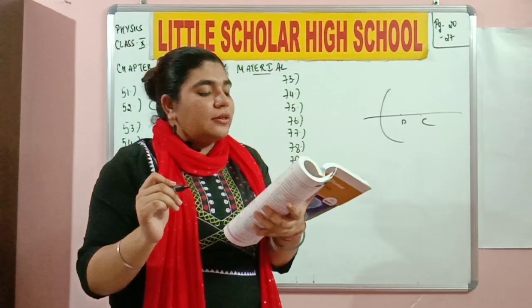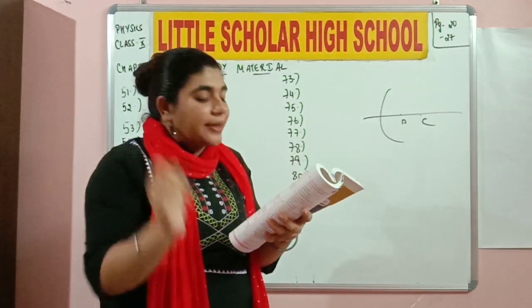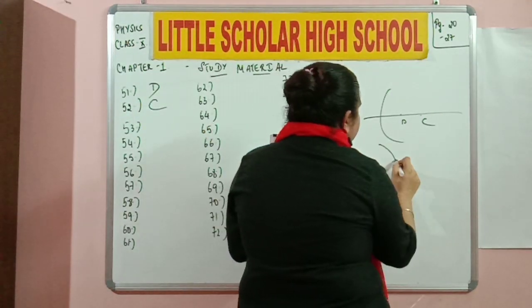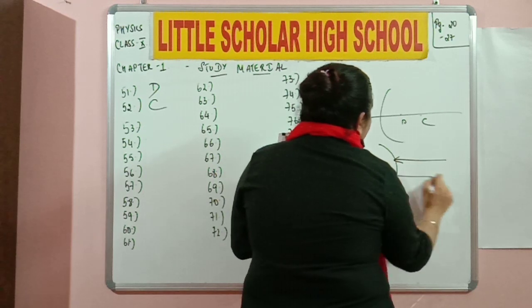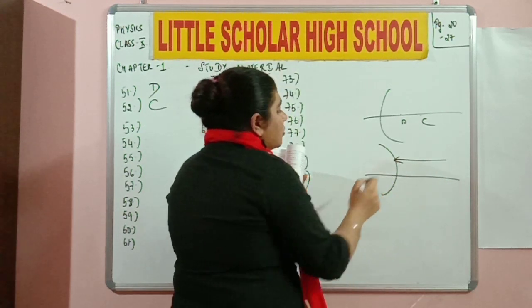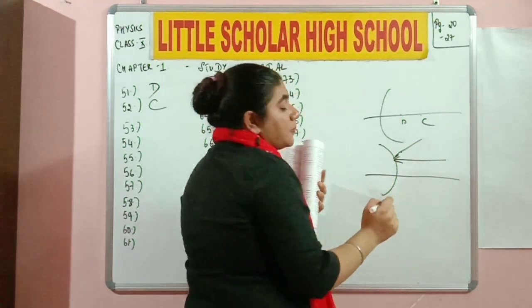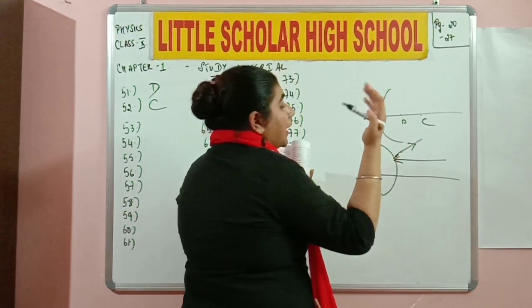53rd. When parallel rays are incident on a convex mirror. They are telling that the parallel rays are incident on a convex mirror. So it is going to get reflected back. Remember, this is rule number 1 as far as I guess.